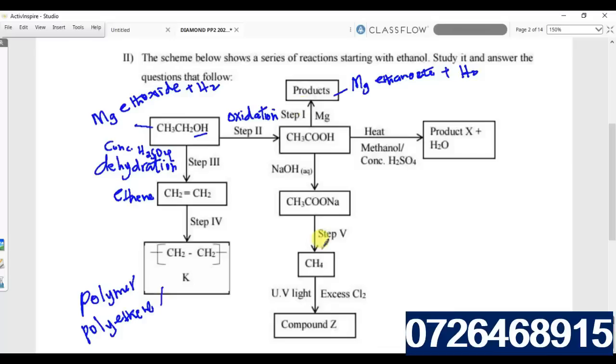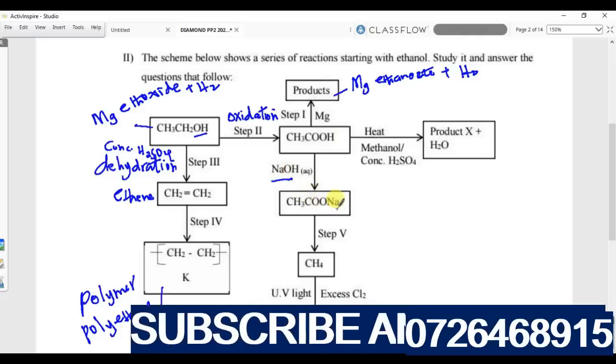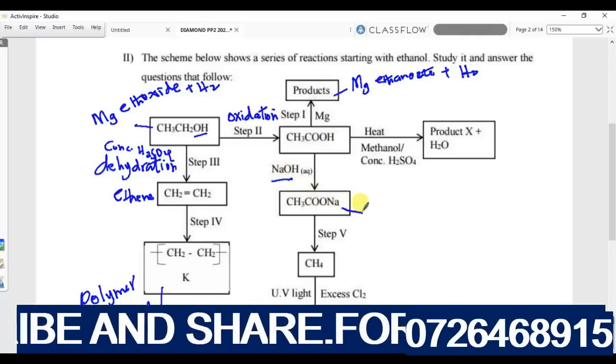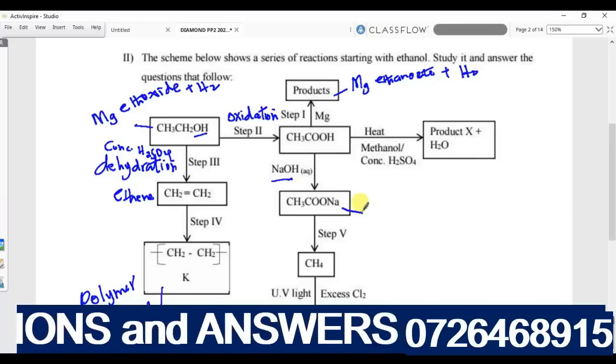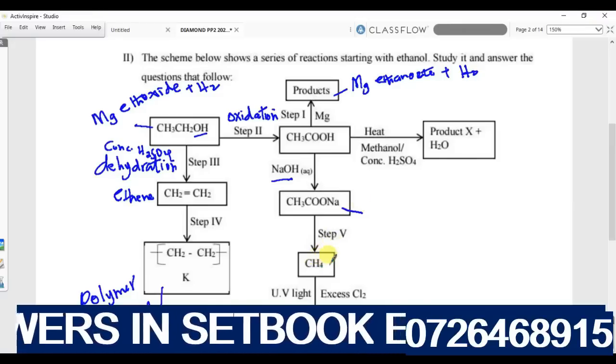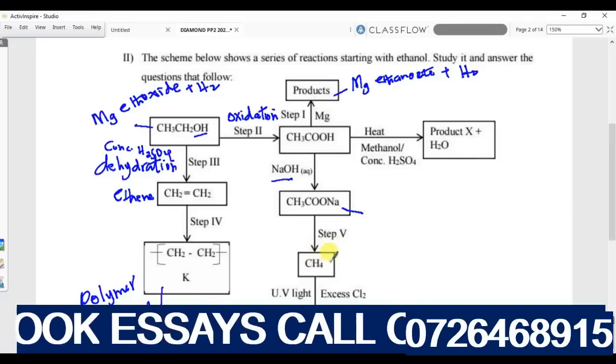Now, the ethanoic acid is reacting with sodium hydroxide to form sodium ethanoate. Sodium ethanoate is undergoing step 4 to form methane.